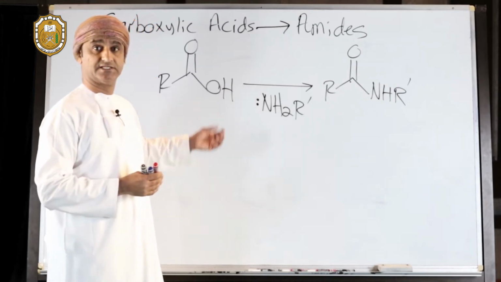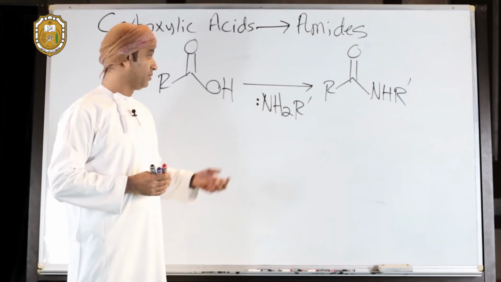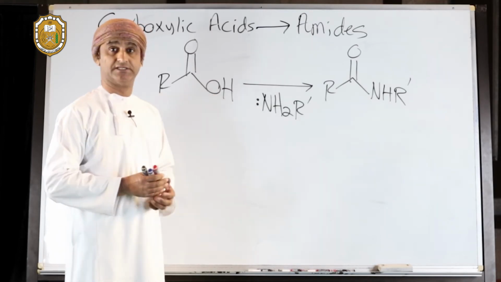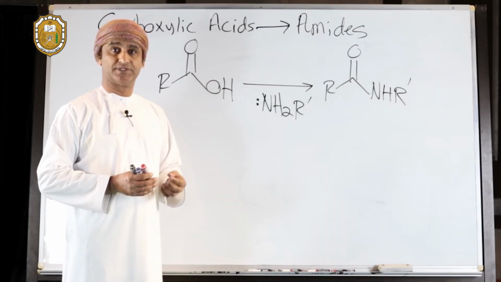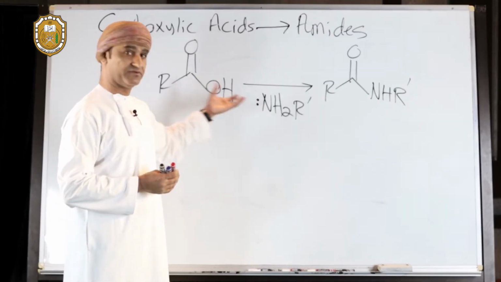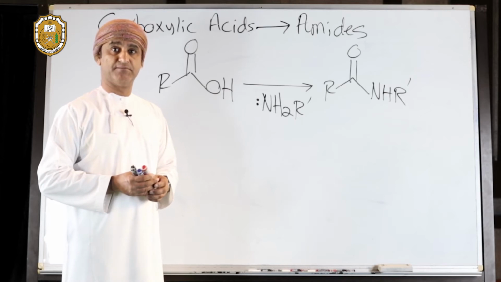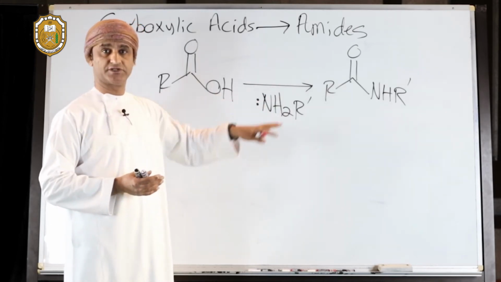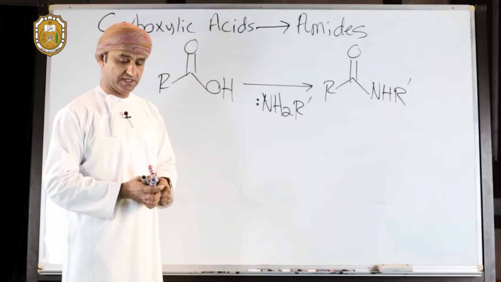Obviously carboxylic acids are acidic, so what the amine will do is actually deprotonate carboxylic acids in an acid-base reaction. So the mixture of these two compounds or reagents is not efficient for the conversion of the carboxylic acid into the corresponding amide.